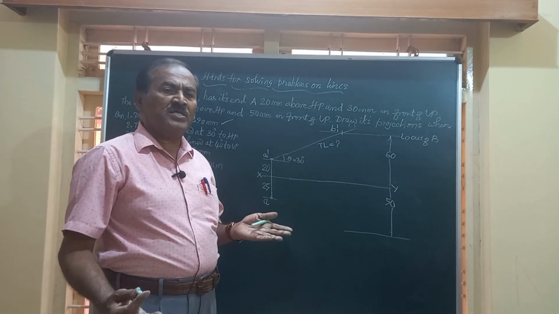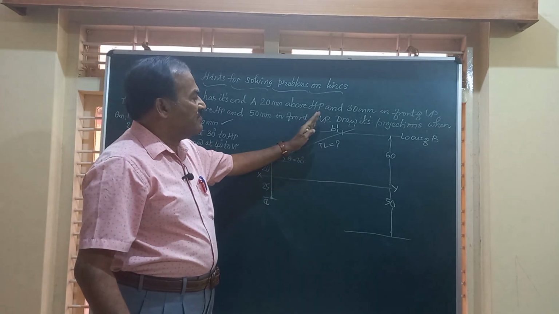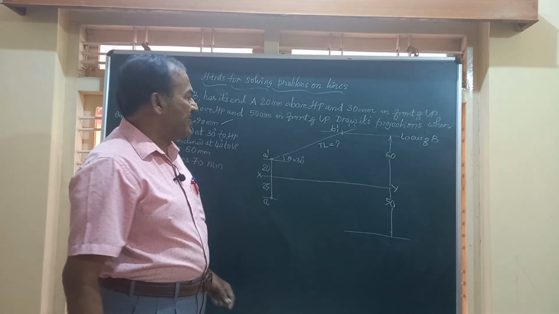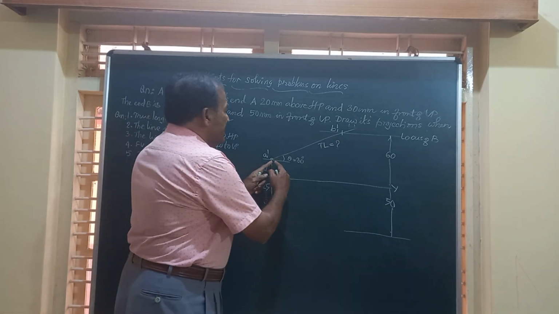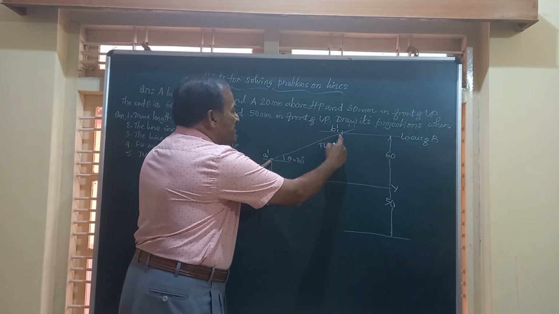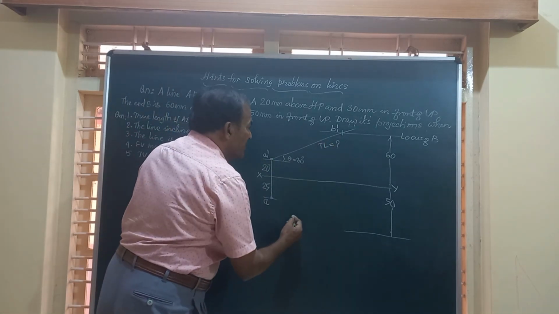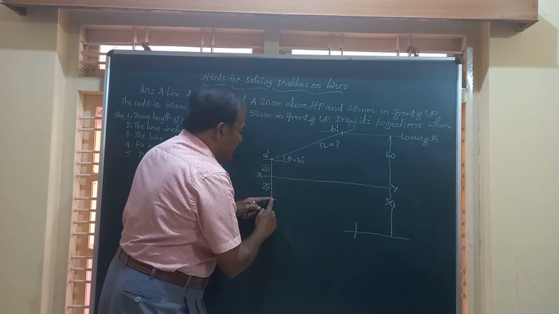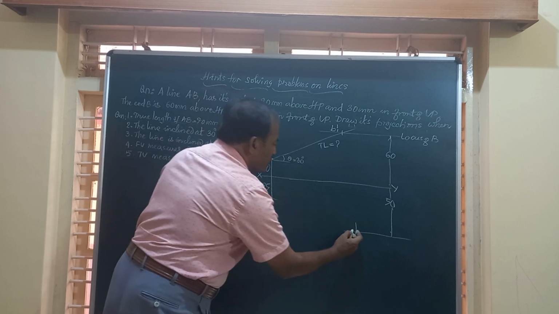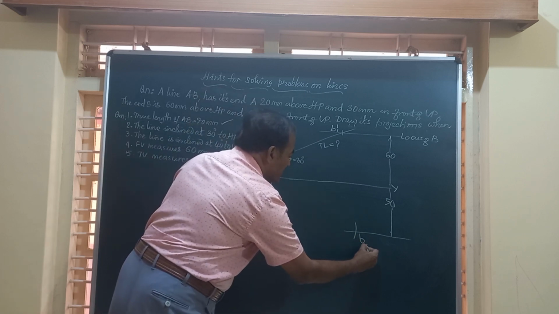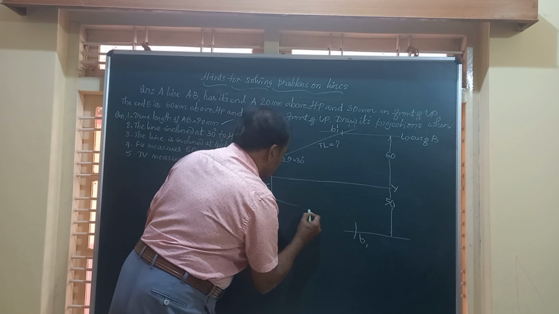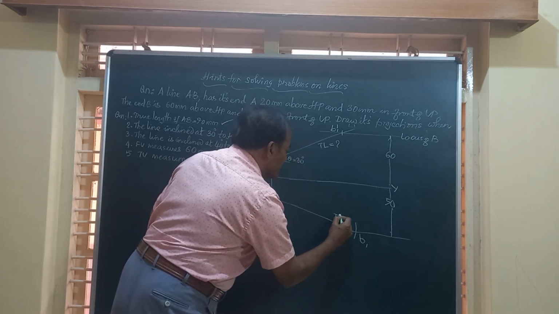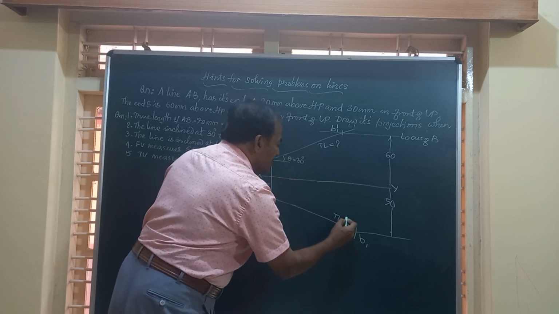Friends, the true length remains the same both in the front and top views, that is above the XY line and below the XY line. So what can be done? Taking this A dash B1 dash as the length of the line, I can just draw an arc taking center A and obtain the point B1. Friends, this distance between A and B1 is the true length of the line that is obtained here.